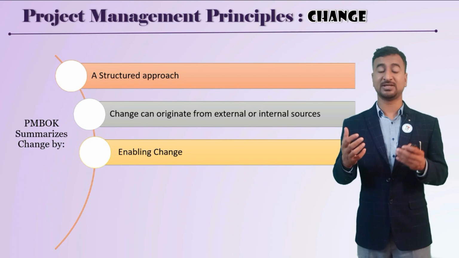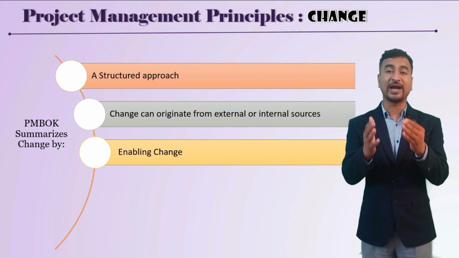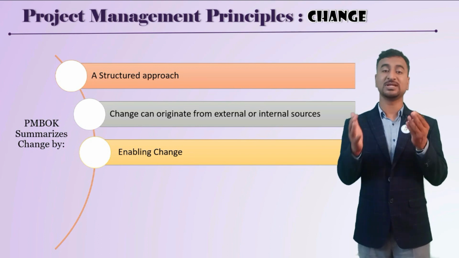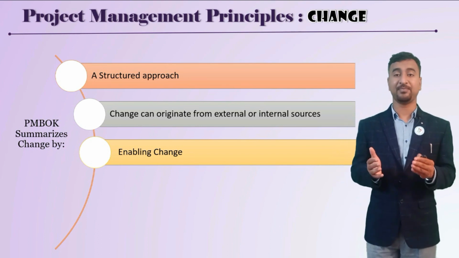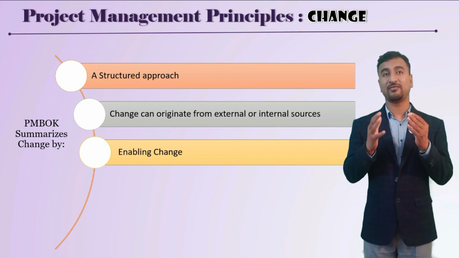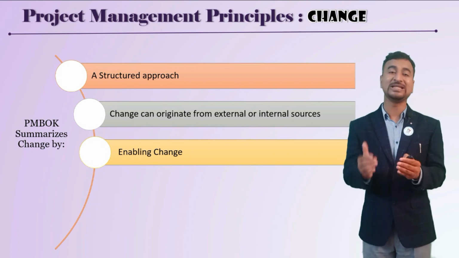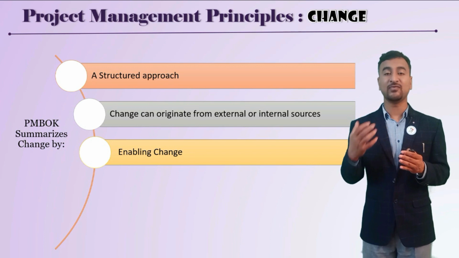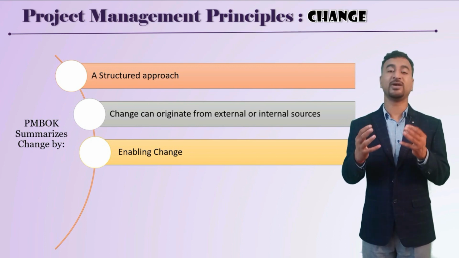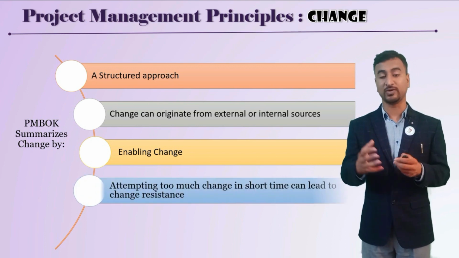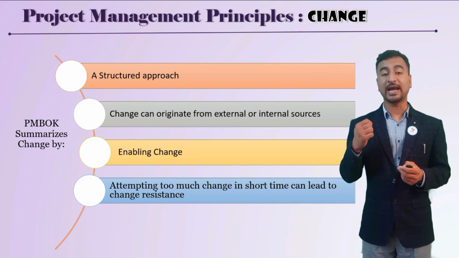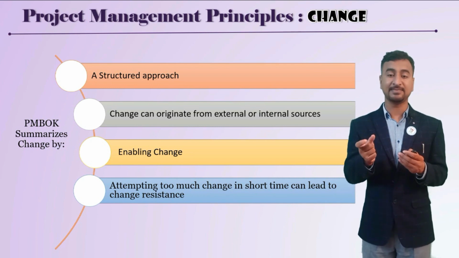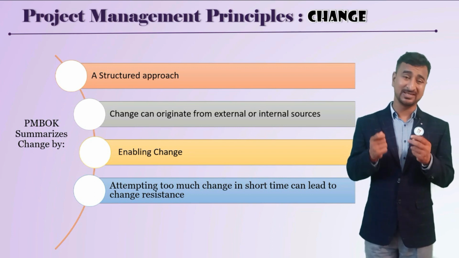And when enabling changes, sometimes you should not try to control or restrain the change, because it is going to happen anyway. Instead of trying to restrain the change, one should try to incorporate it in an environment where there is people support for that particular change. And finally, attempting too much change in a small time zone may lead to change resistance.